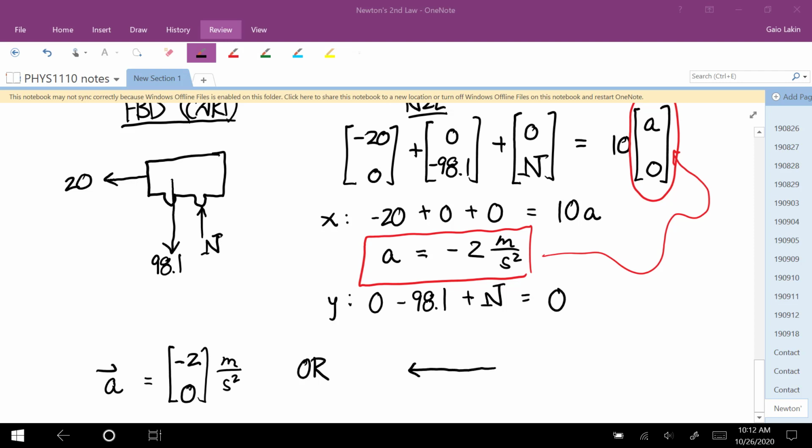The absolute value of negative 2, so 2 meters per second squared. And like I said, when we were calculating the force vectors in the last example, either one of these is fine. They both perfectly represent a vector. It's just one is a little more of an intuitive way of thinking about it, and one is a mathematical way if you are going to use this in future equations, which actually happens quite a bit.